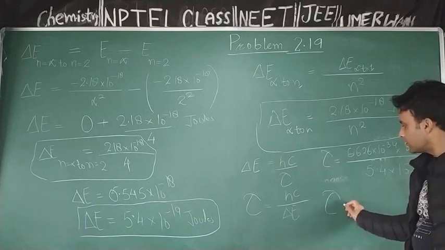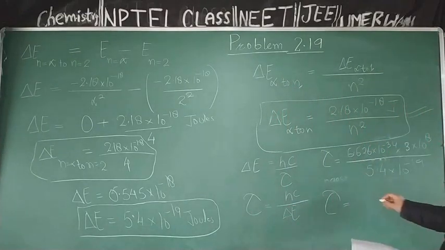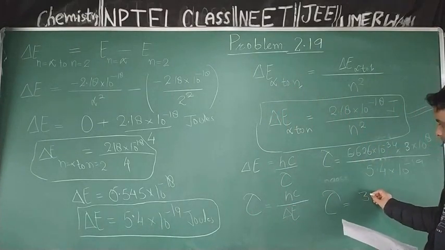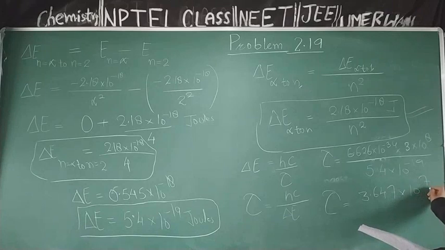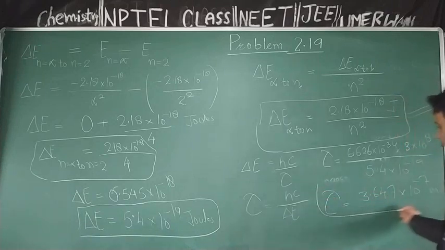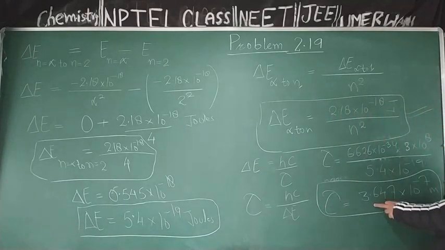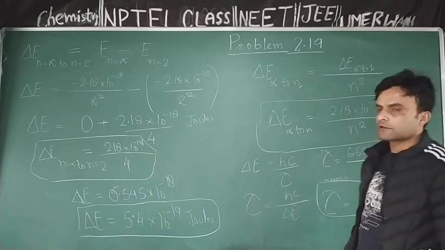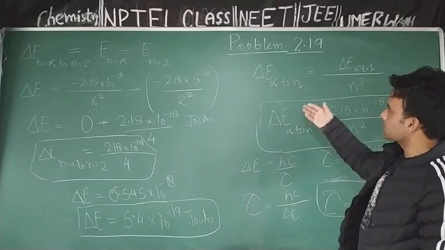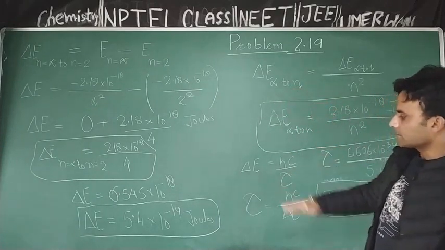The wavelength required will come equal to 3.647 into 10 to the power minus 7 meter. This is the longest wavelength which radiation needs to possess in order to effect a transition in hydrogen atom, during which the electron goes to infinite distance from the second orbit of hydrogen atom.